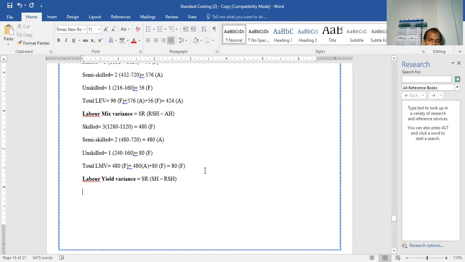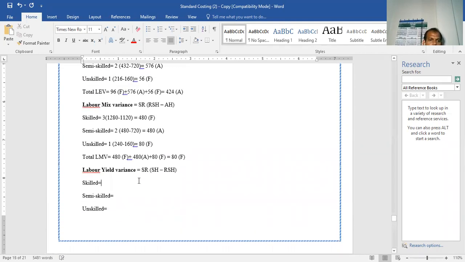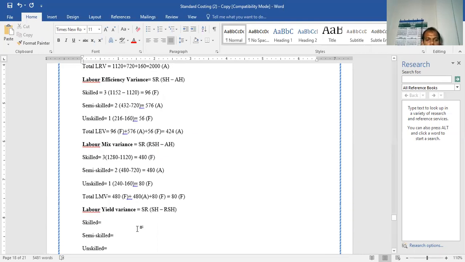Now let us calculate the labor yield variance for each and every category of labor: skilled, semi-skilled, unskilled, and total labor yield variance. Finally, we have to cross-check all the variances whether correct or not. Labor yield variance is the difference between standard hours and revised standard hours.